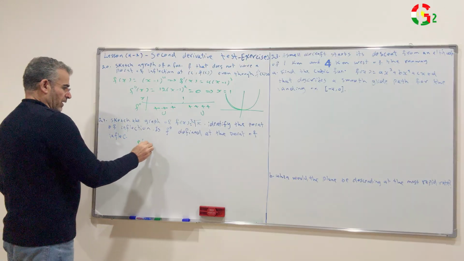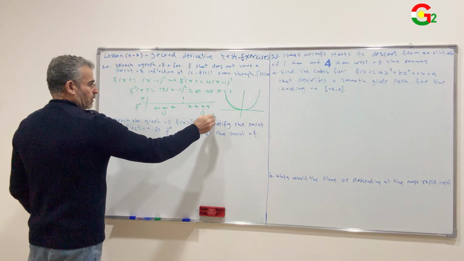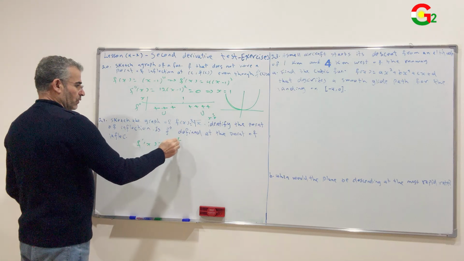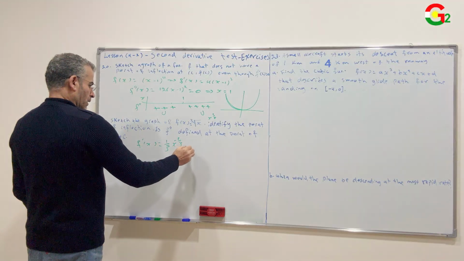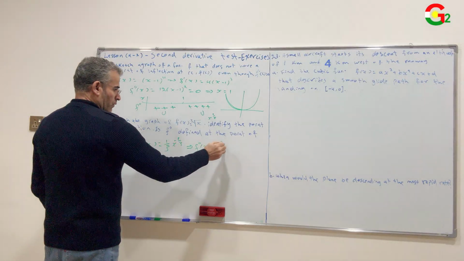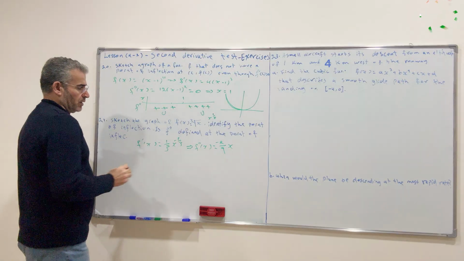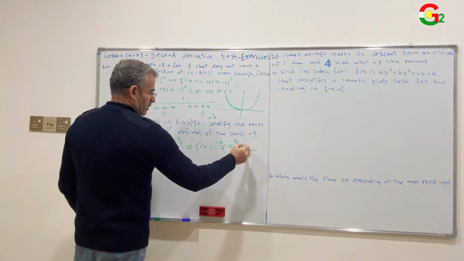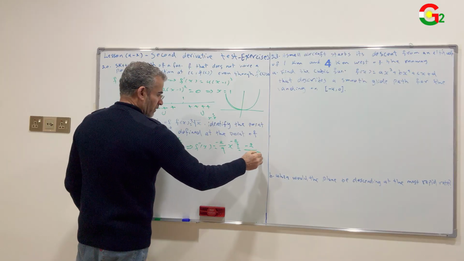f of x is x to the power 1 over 3, then f prime of x equals 1 over 3 x to the negative 2 over 3. Then f double prime of x equals negative 2 over 9 x to the negative 5 over 3, which equals negative 2 over 9 cube root of x to the power 5.